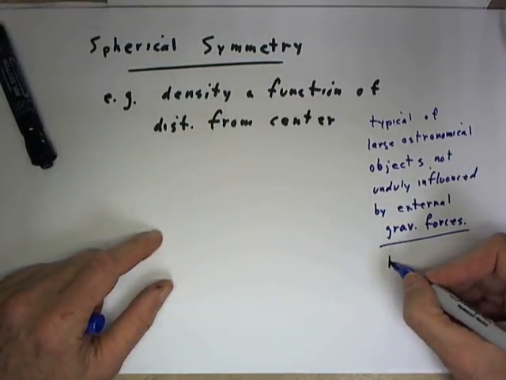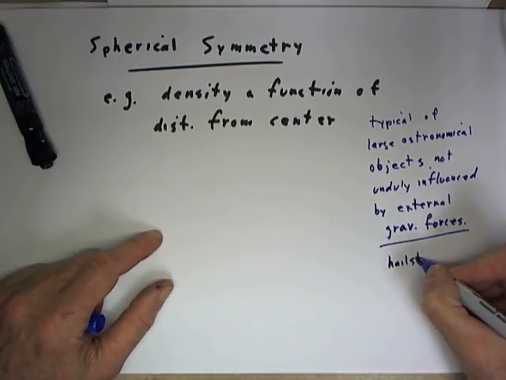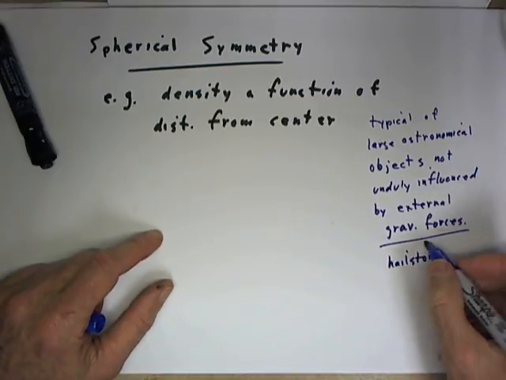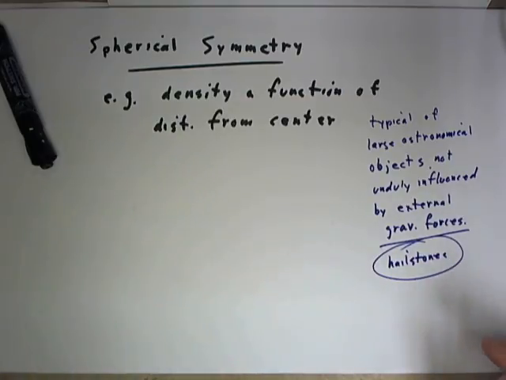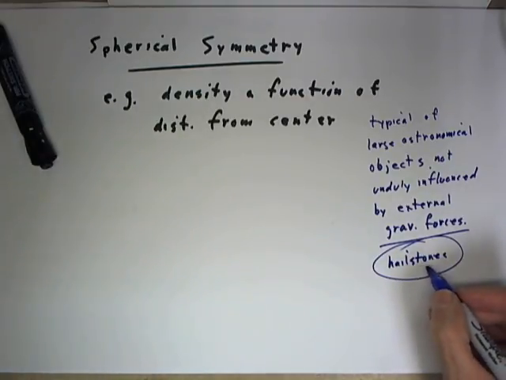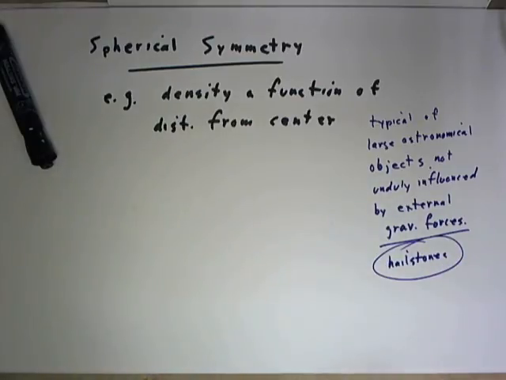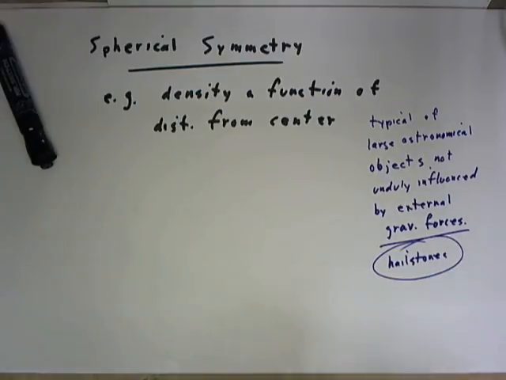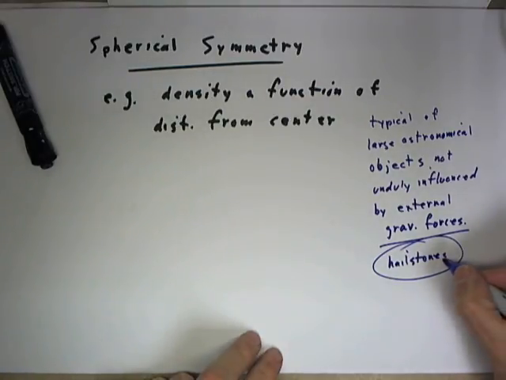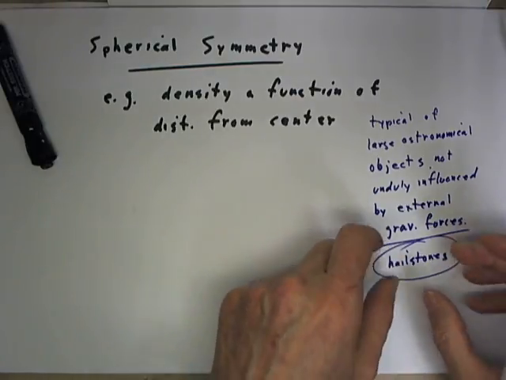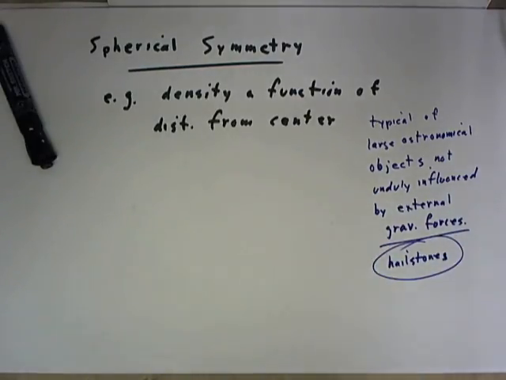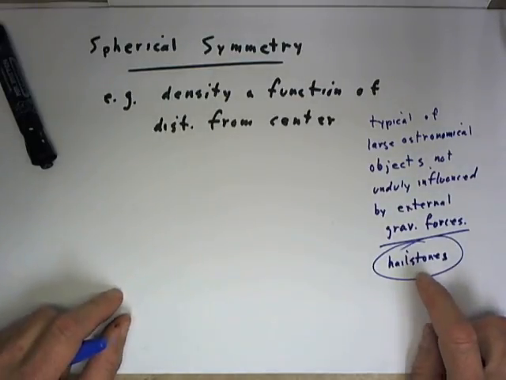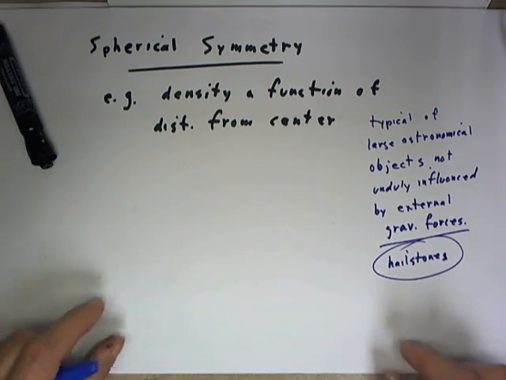Another typical phenomenon would be hailstones, which tend to have ice densities in shells. Some of the ice is more porous than the ice at other points in the stones. So there is a more or less symmetric spherical distribution of mass in hailstones.